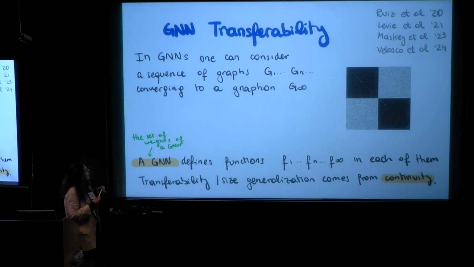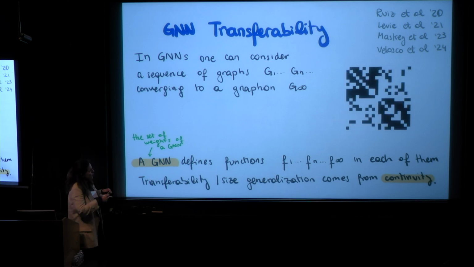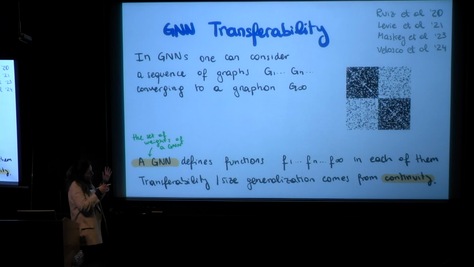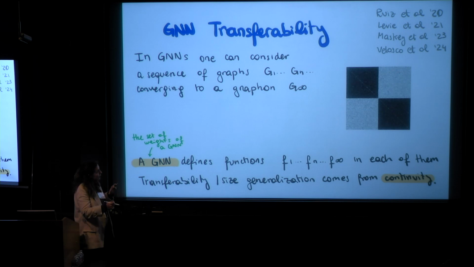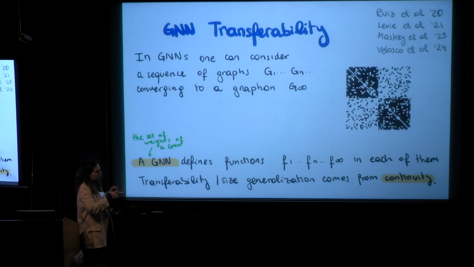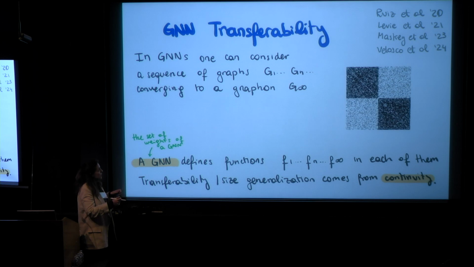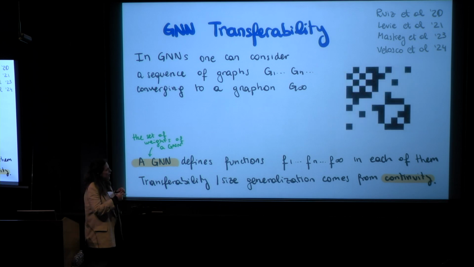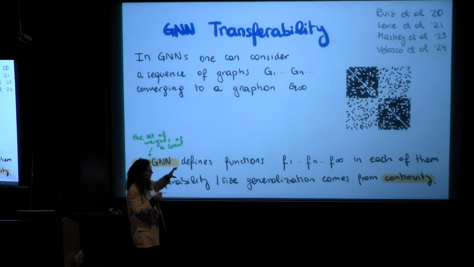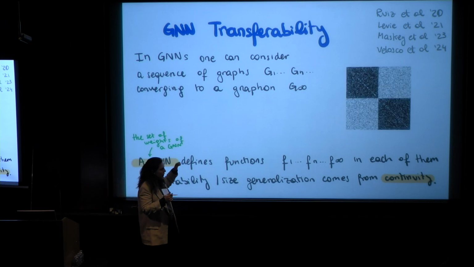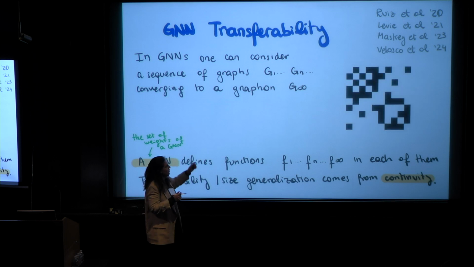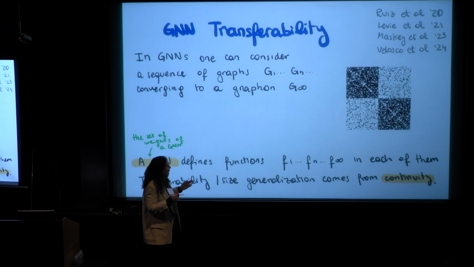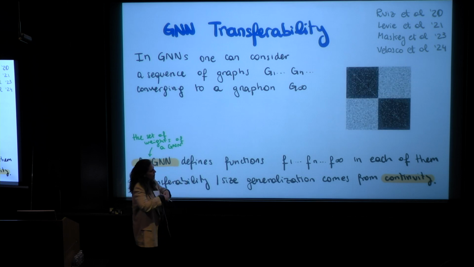Basically, you're making the assumption that you have a sequence of graphs converging to an object, which is an infinite graph or a graphon. Then one GNN with one set of parameters can be evaluated on all these graphs of different sizes, and defines functions in each of these spaces with different numbers of nodes in a way that is consistent.